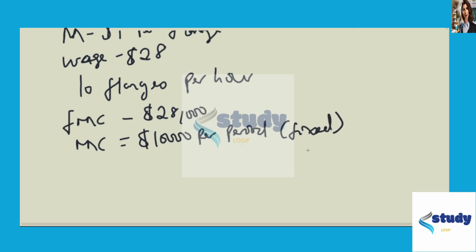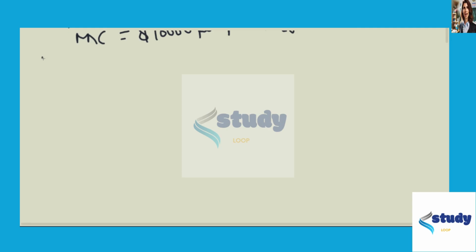Now the question says, first of all, graph the fixed, variable cost and total manufacturing cost for flanges using units on the x-axis. So we're going to do that first.